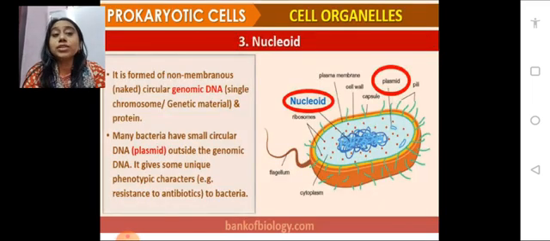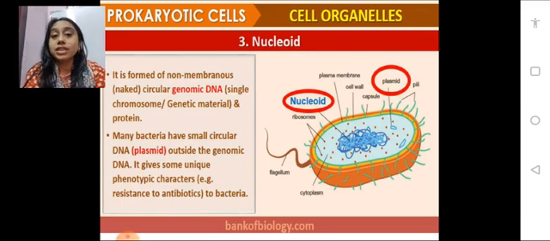Then we studied about the nucleoid. As the prokaryotic cell does not have a membrane-bound nucleus, the genomic material is present in an area that is called a nucleoid. The DNA appears to be in the form of fibers, an arrangement of fibers.